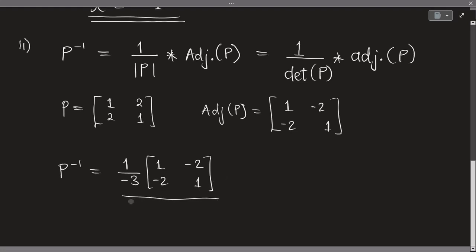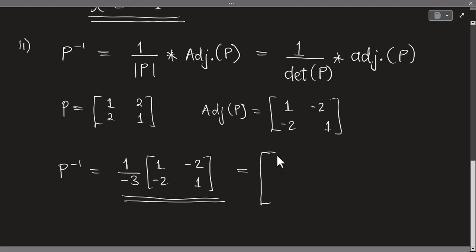Some people will be okay with you leaving your answer like this, or you can further include fractions inside, but since you know how basic matrix operations are, you easily know that this 1 over 3 will multiply by each of them.